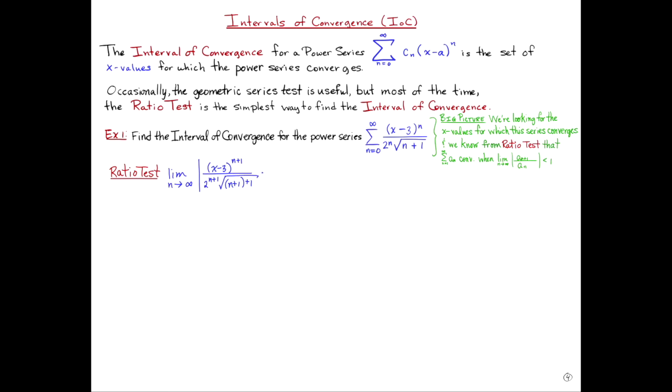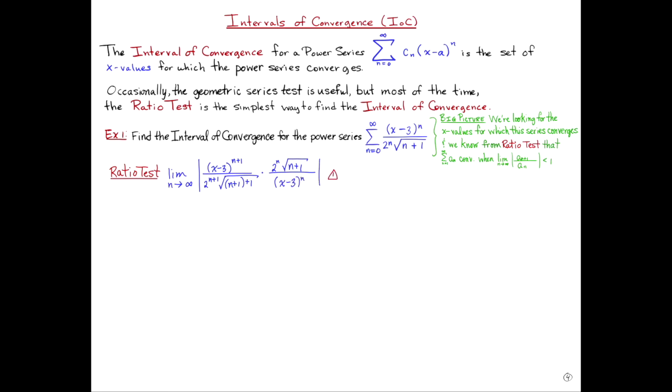Instead of dividing by a sub n, we'll multiply by the reciprocal of a sub n. In the numerator, we have 2 to the n times the square root of n plus 1 over x minus 3 to the n.